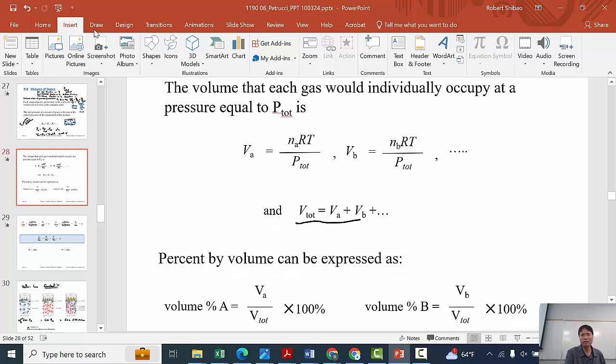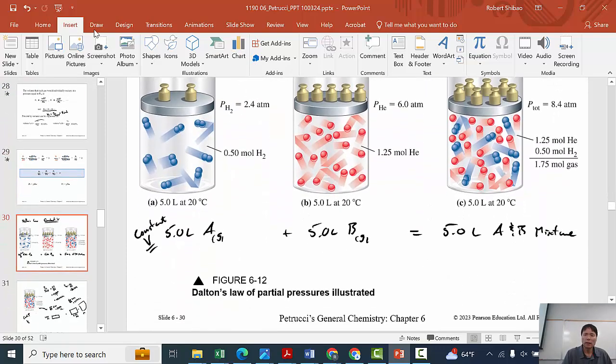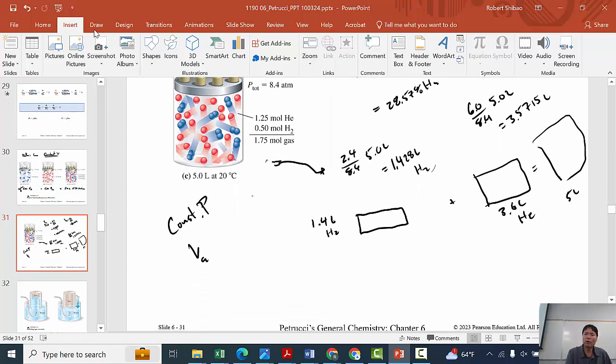V total is equal to VA plus VB, etc. And if I want VA, then, well, here it is. VA is equal to the mole fraction of A over V total. And so that's what we got here. 1.4 plus 3.6 gives us 5.0 liters here.